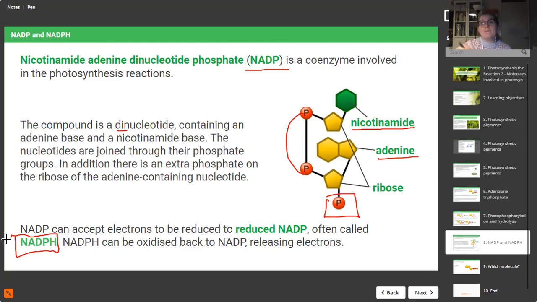NADPH can be oxidized back to NADP and thus releases electrons. Remembering back to that basic chemistry, OIL RIG: oxidation is loss of electrons, reduction is gain of electrons. So reduced NADP has gained electrons, and NADPH can be oxidized back to NADP and releases electrons.